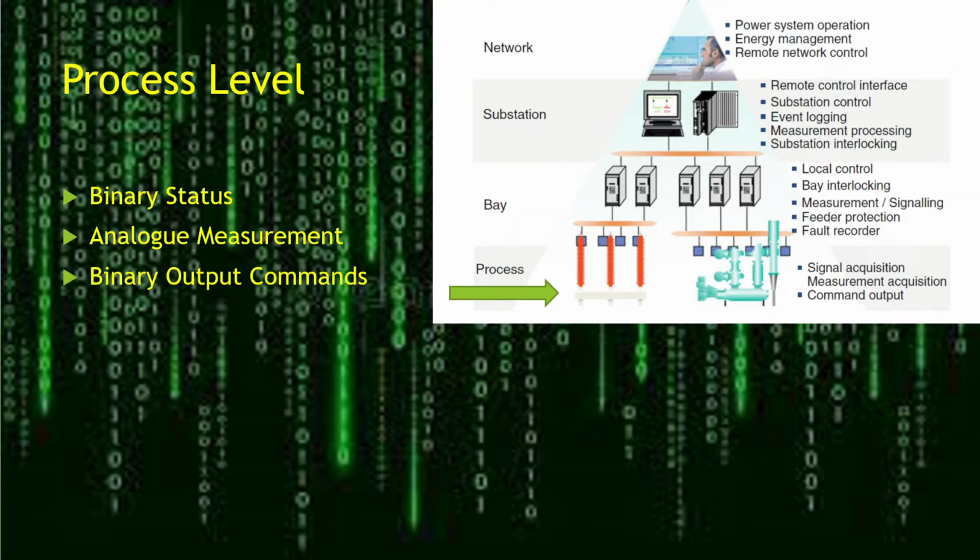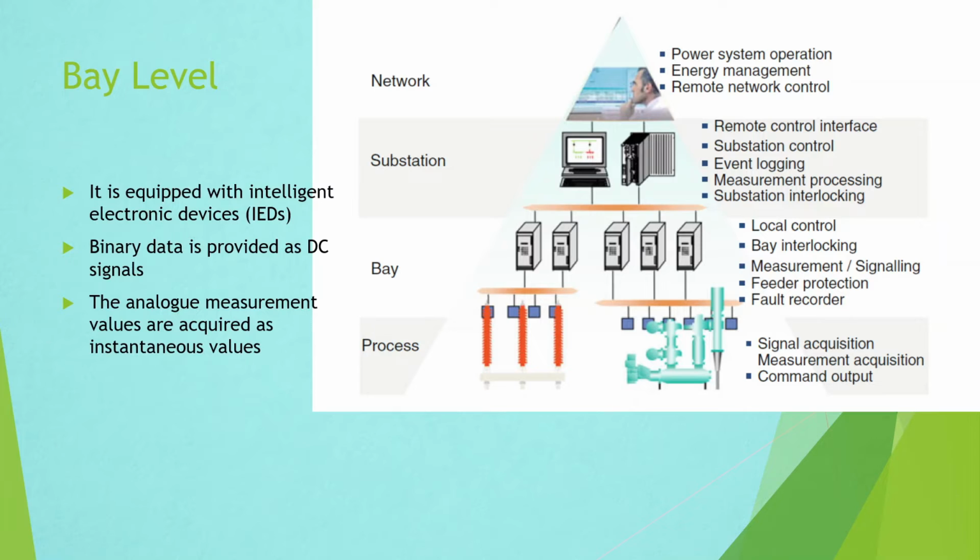Binary output commands are set for the control of switchgear, tap changers, and various equipment for protection, automation, or auxiliary needs. The analog target values may be set to change the behavior of regulation facilities. The target value for voltage can be set to the transformer voltage controller. The next level is the bay level.